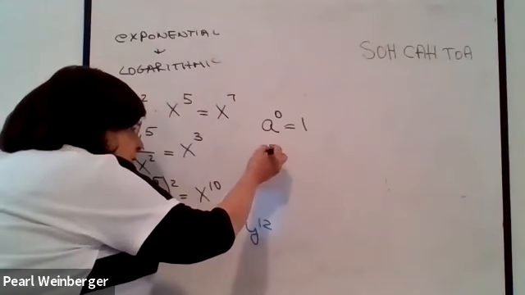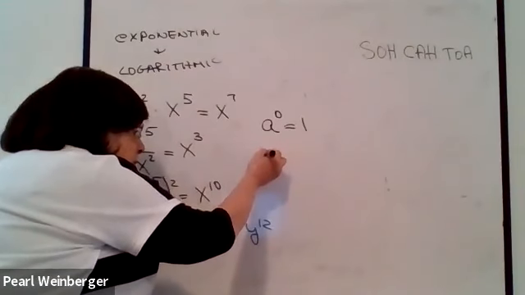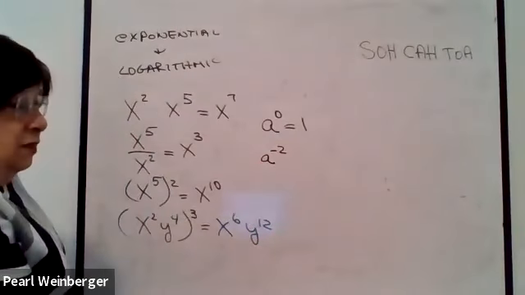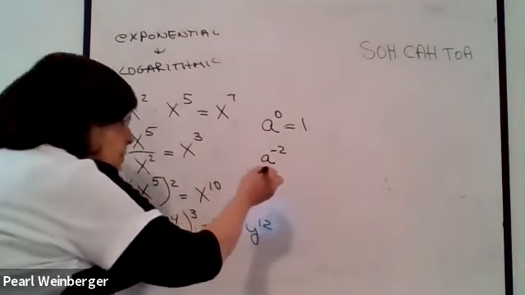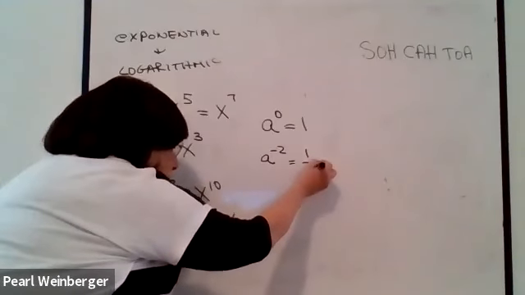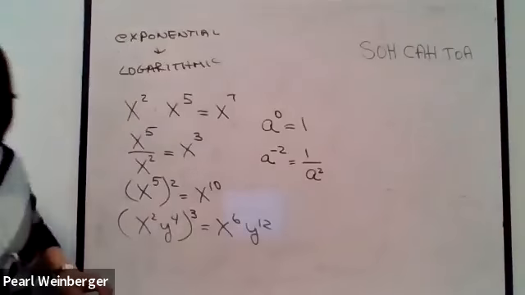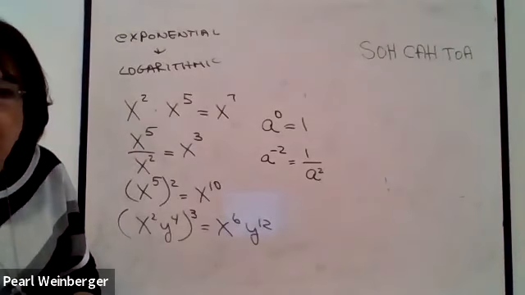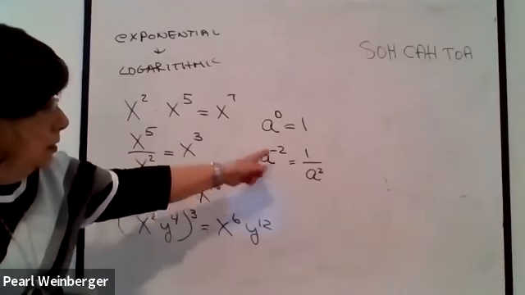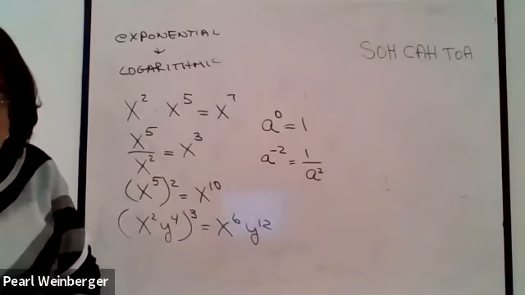Suppose you have a to the -2, a negative exponent. Remember, that means 1 over a squared. When you have a negative exponent, it tells you to take the reciprocal of your base and make the exponent positive.